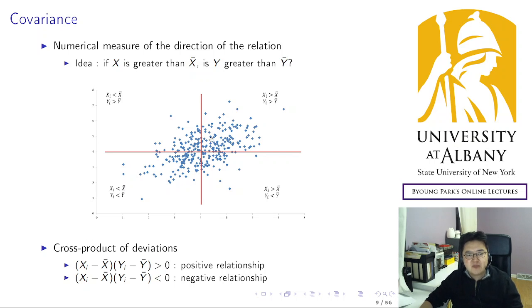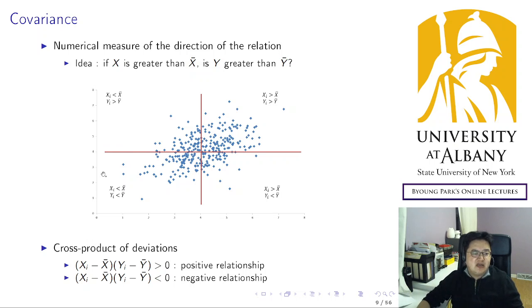The first quadrant, the top right panel, has the observations such that x is greater than x bar and y is also greater than y bar. That means x increased and also y increased from their respective averages, so this area includes observations that imply a positive relationship.